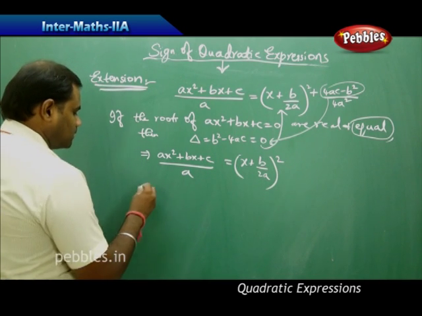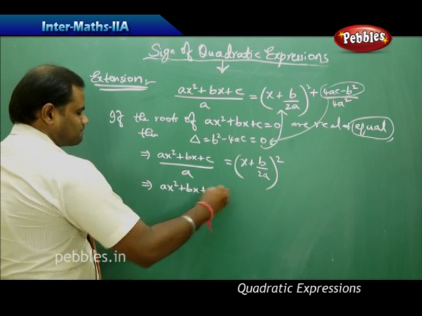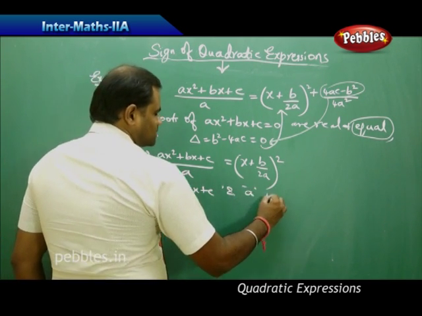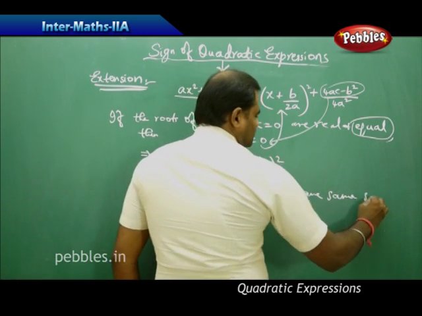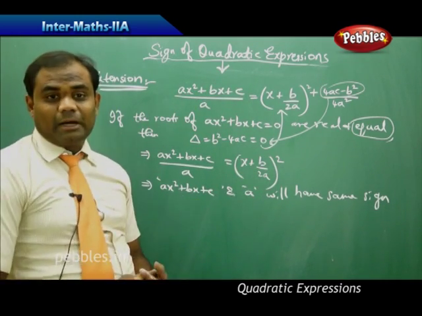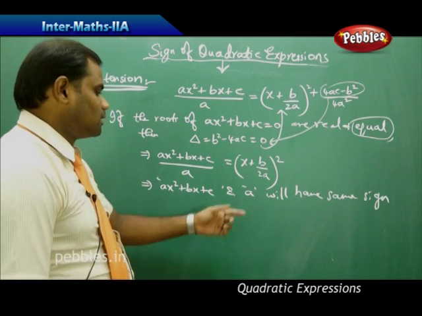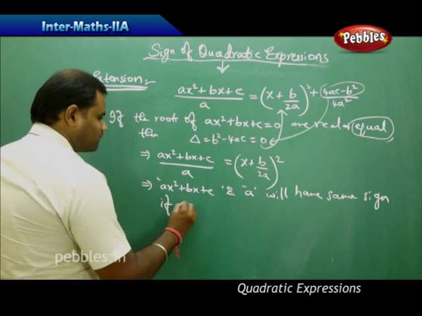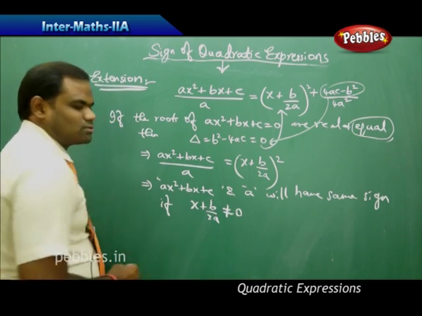Now, that implies the expressions this and this will have the same sign if this entirely is positive, but this is positive only when x is not equal to minus b by 2a, will have the same sign if x plus b by 2a is not equal to 0.